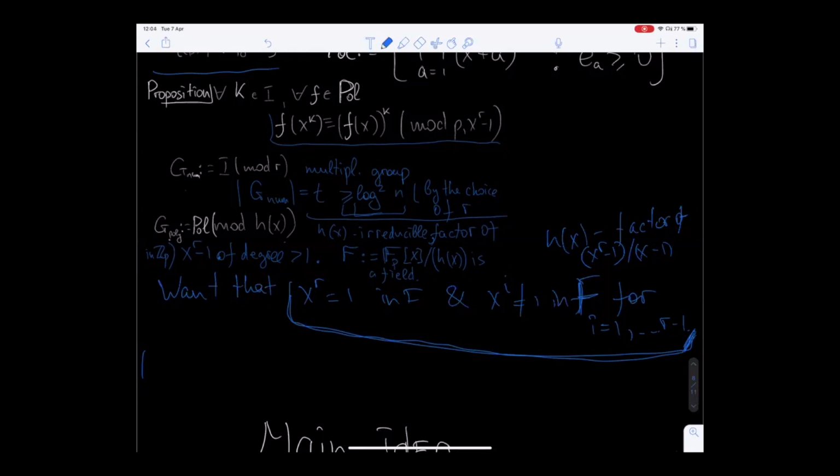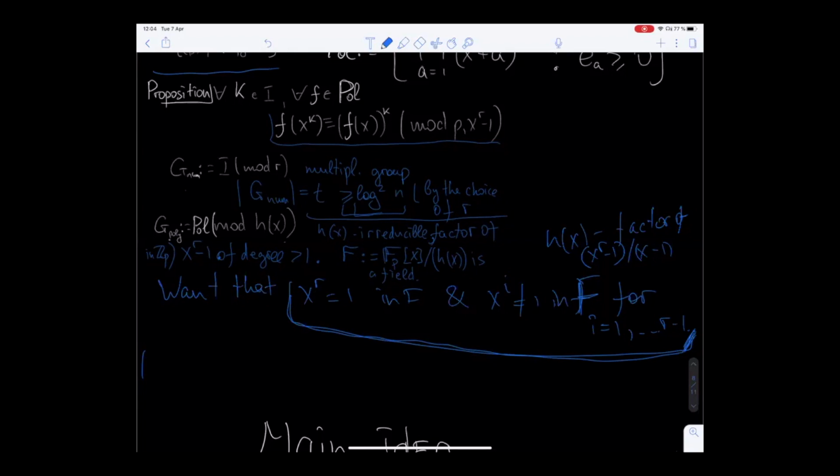Again, the only two things that I need from this polynomial H are, first, that F is a field, and this is why we need irreducibility. And the second thing is that X, seen as an element of this field, because you can identify elements of the field with polynomials that we had in FP of X before factoring.